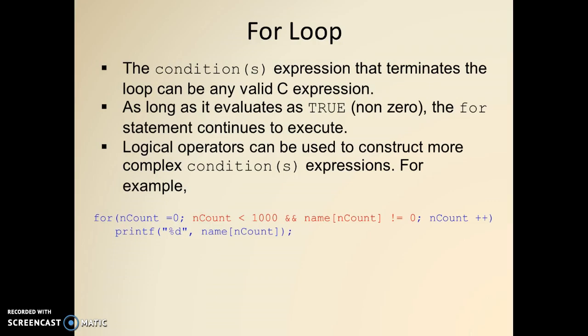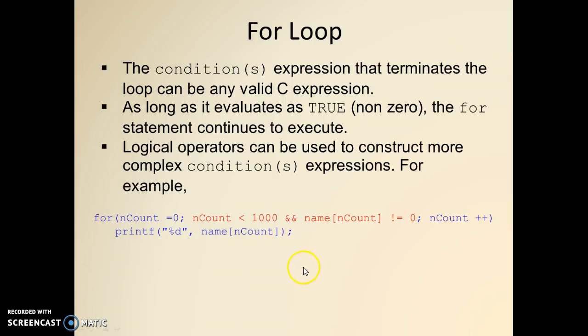Then you can see that the conditional expression can be any valid C expression, and the for loop will be executed until the conditional expression is false. In these conditional expressions, we can use any logical operators or compound logical expressions.